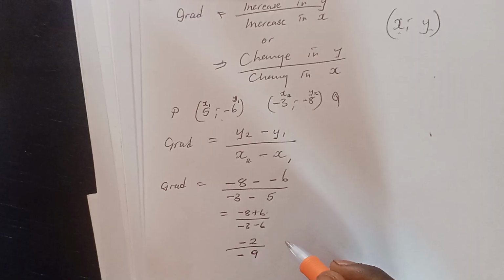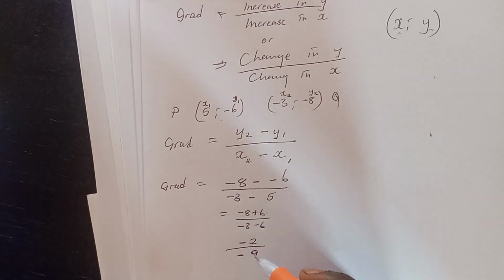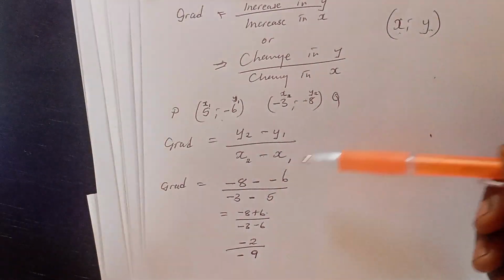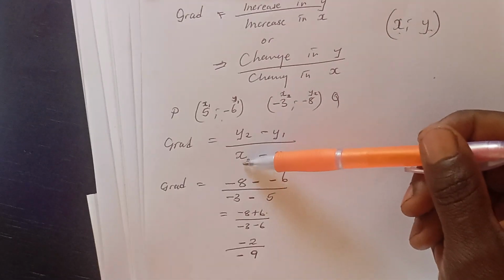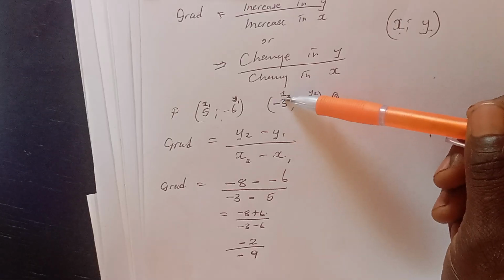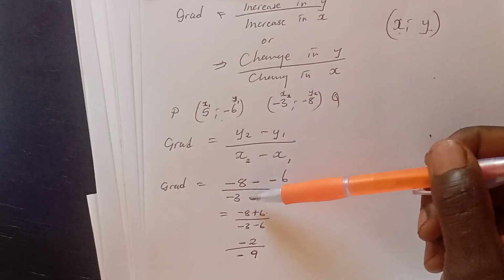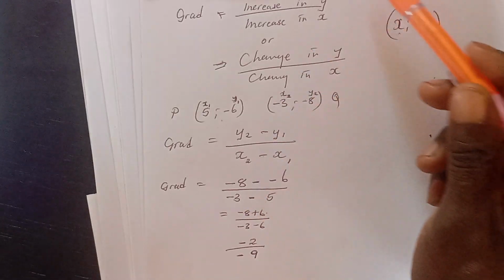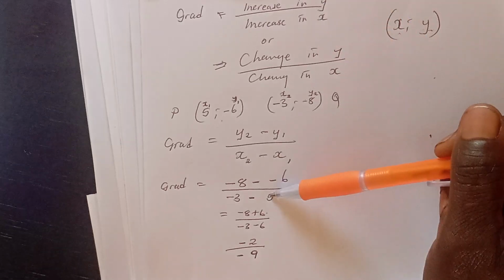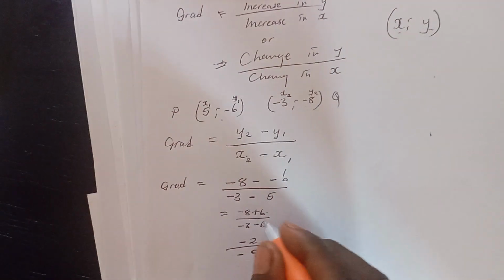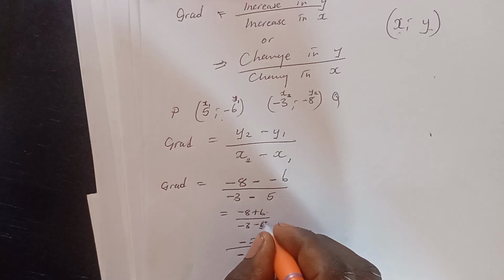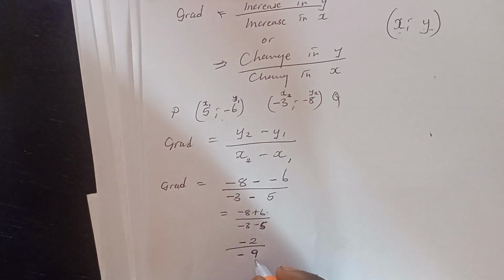So that's the situation at hand. X2 is minus 3. Here is minus 3, minus 5, which is x1. Oh, sorry, this is minus 5. I made a mistake. So we are going to have negative 8 here.